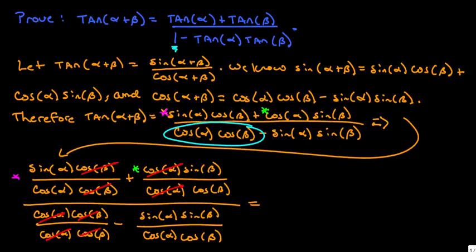Okay, so this is going to be equal to sine alpha over cosine alpha, which is, I'll write it down in 2 steps here for you. So what do I have left?